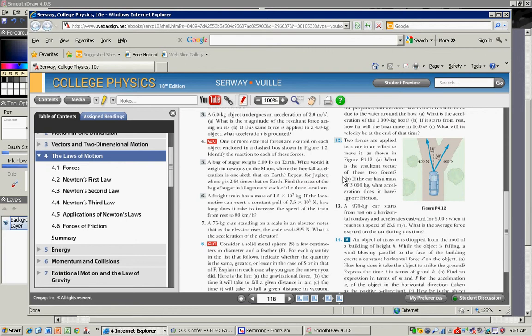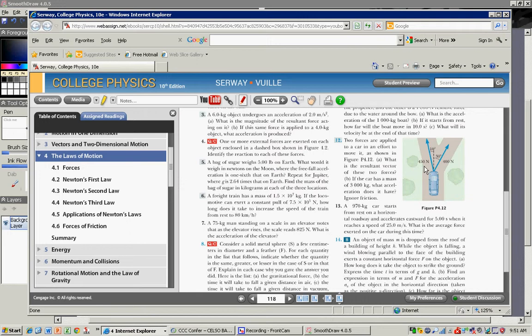Take a look at another problem that involves forces. How about number 12? You have two forces that are applied to a car in an effort to move it, as is shown here. So you have a 450 newtons force that is applied with an angle 10 degrees, and a 400 newtons force that is applied with an angle 30 degrees with respect to the forward direction.